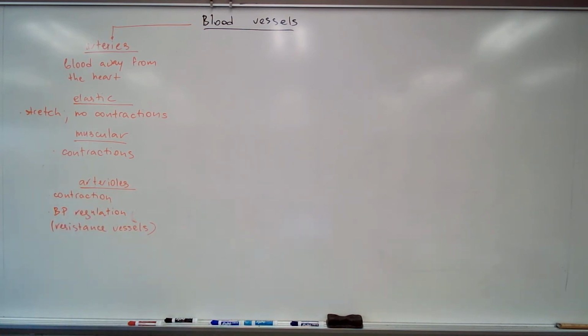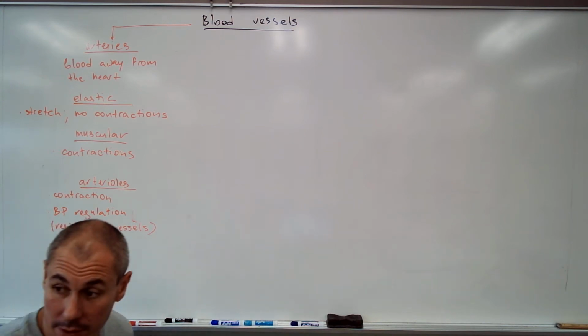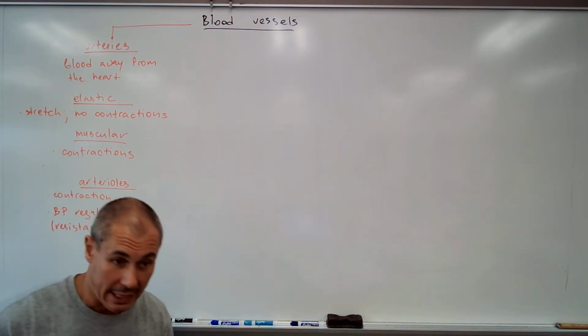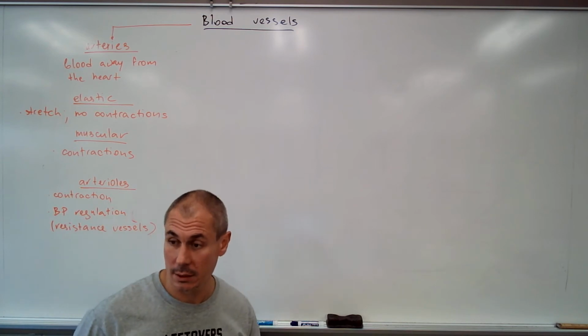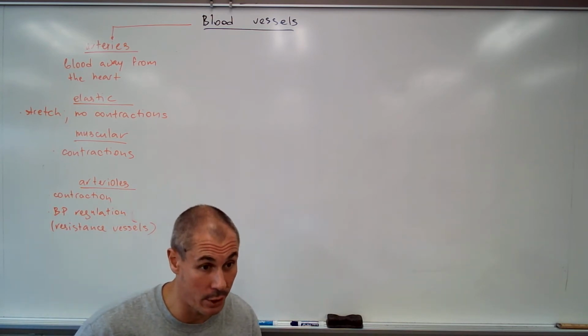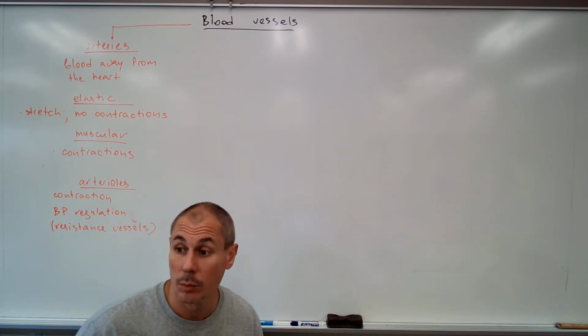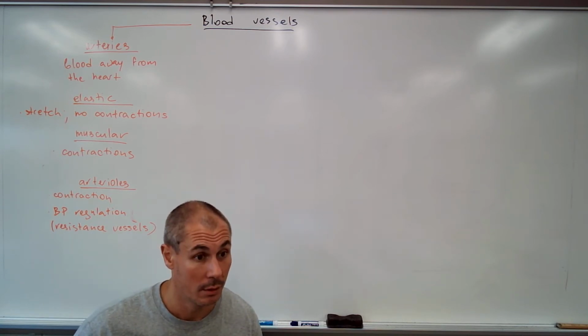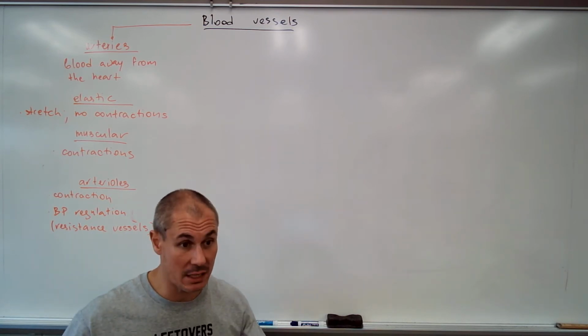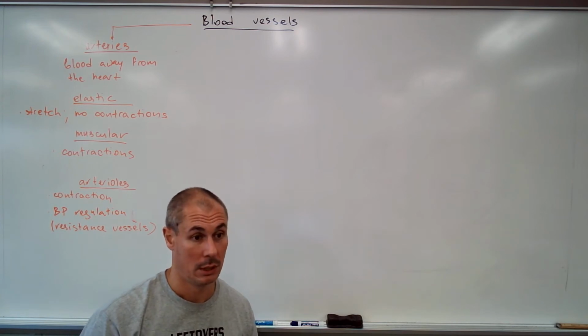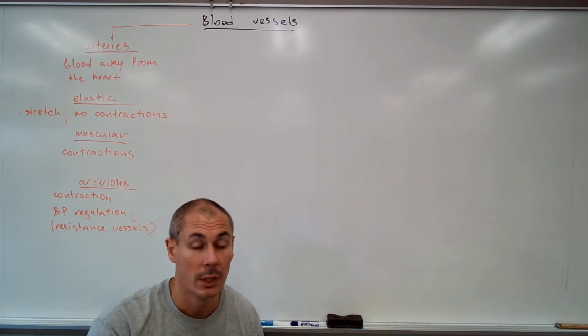So these small arterioles, they can contract and dilate. And by contraction and dilation of arterioles, blood pressure can be regulated. Does that make sense? If they all dilate, blood pressure will drop. If they all contract, it will spike. Are we clear?